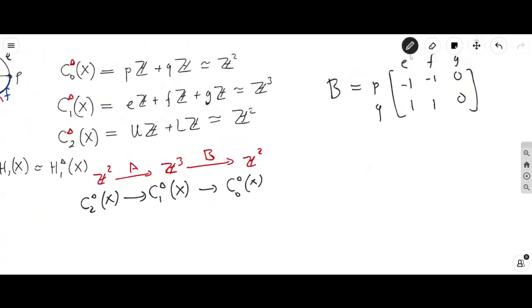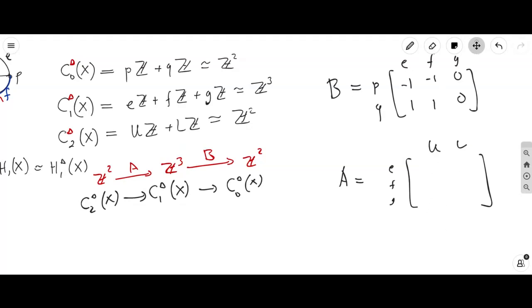And now we need the other matrix A. The other matrix for A would be a matrix that has 3 columns that has to do with the 3 edges, E, F, and G, and you have U and L. So you have to find the boundary operators of these two.